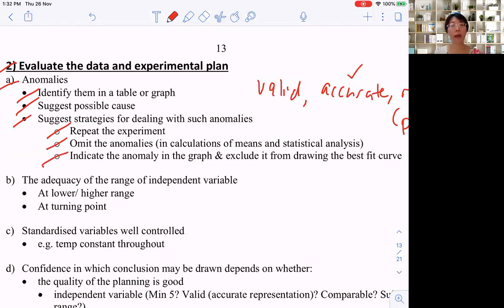You can also show where the location of the anomaly is in your graph and exclude it from drawing your best fit curve. Say for example, this is your graph. So you have got a point here.